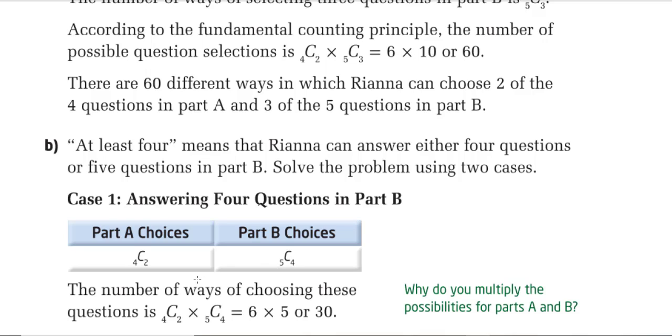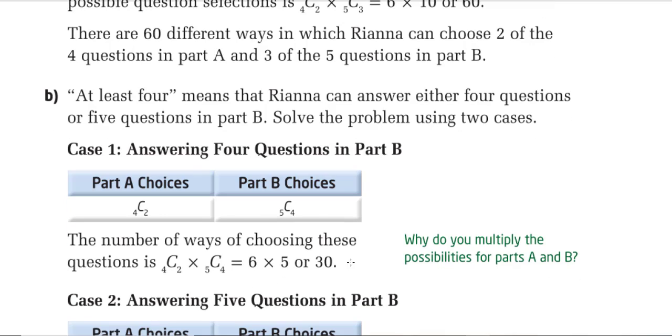And the number of ways of choosing these questions is the multiplication of the 2 of them. It is 6 times 5, it's 30. So she has 30 ways of choosing these questions.